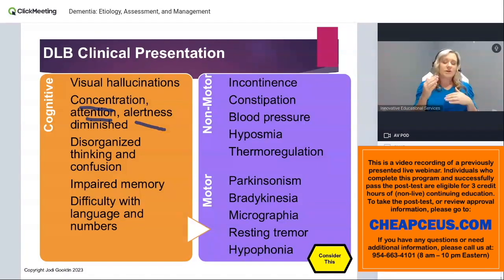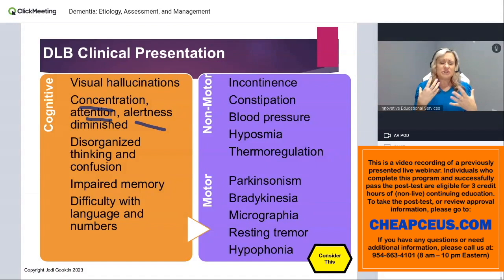Their level of alertness is fluctuating between they're attentive, they're on top of things, and then they're just not there. The thinking is going to be difficult to analyze things. If you do the copy and draw like the clock test, they're going to have impairments in their ability to do that. They're not going to be able to attend and focus for long periods of time. So this means they're going to start to have problems with IADLs, like their finances, doing their banking.